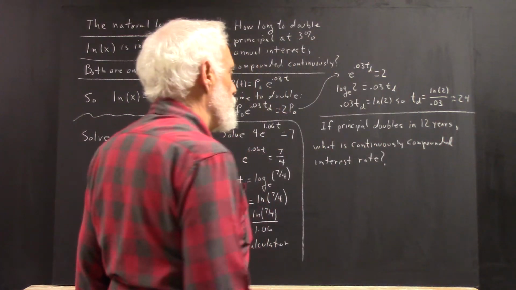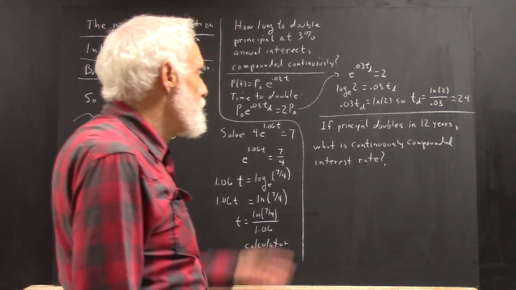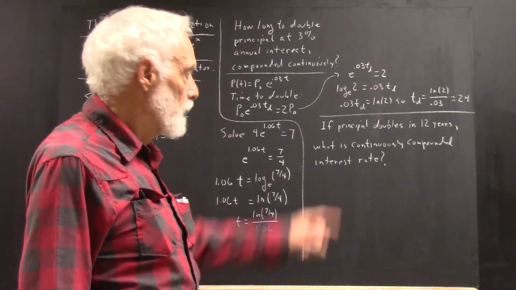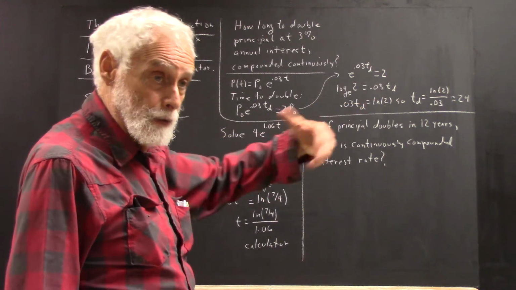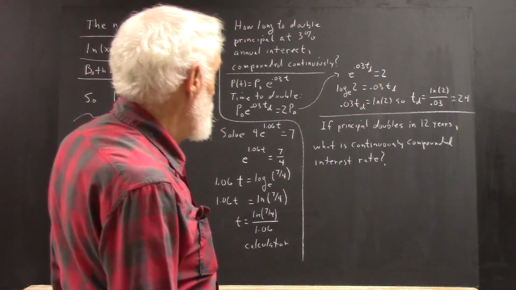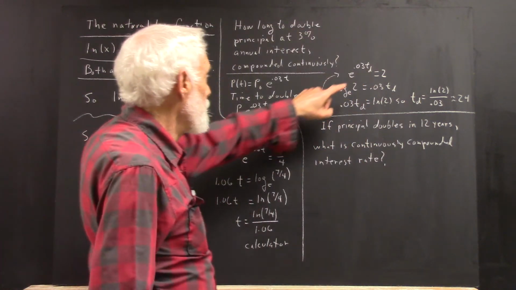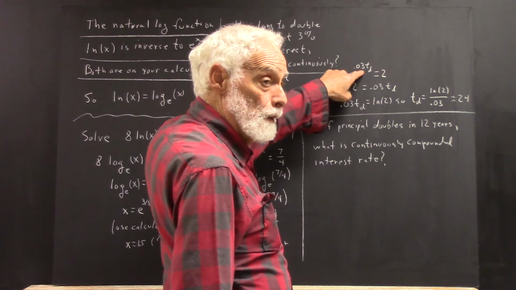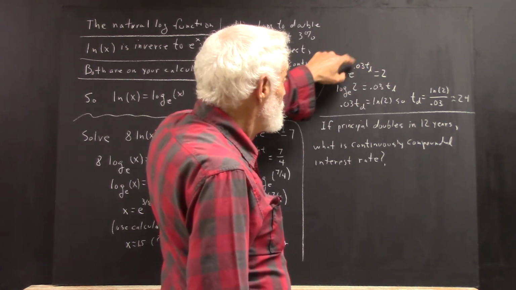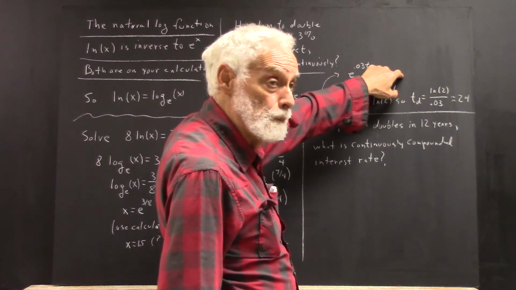Okay, it's going to be about 24. If you get something too much different than 24, either I was wrong about that, or you didn't use the calculator right. And you can always check it by putting that number back into the expression, e to the 0.03 t sub d, and evaluating it, you should get 2.